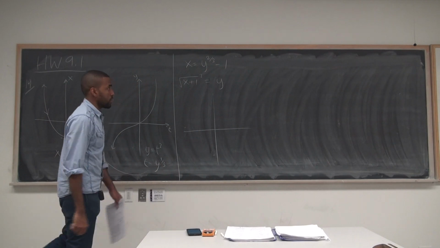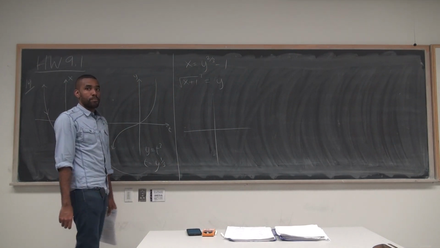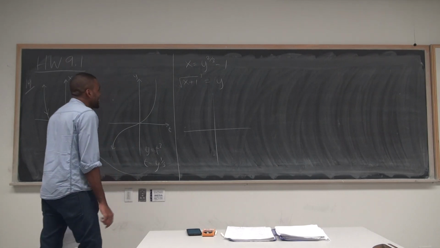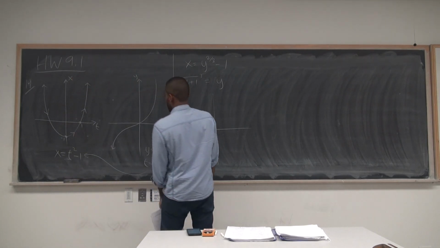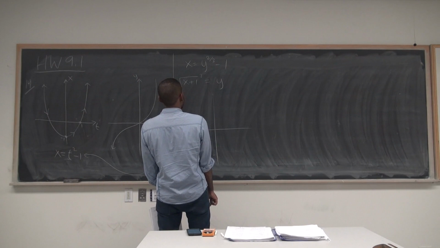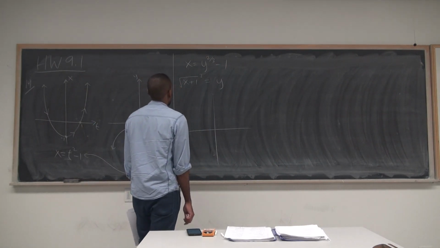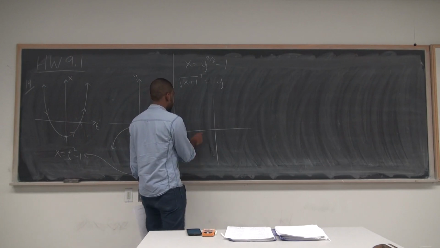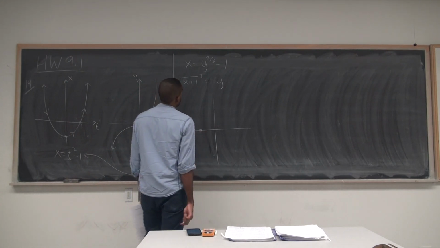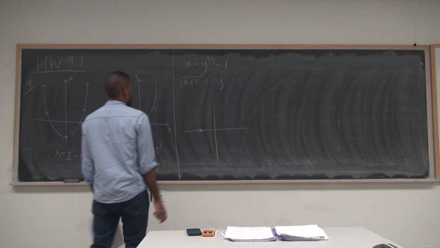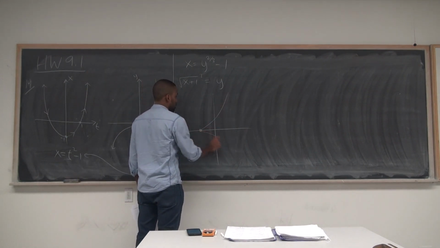So what does the graph look like? Sideways, like the quack. Which side would it be on? Left. Right, so when y is 0, x is minus 1, so it's going to be here. And as x gets bigger, y gets bigger, so it's going to look like this.